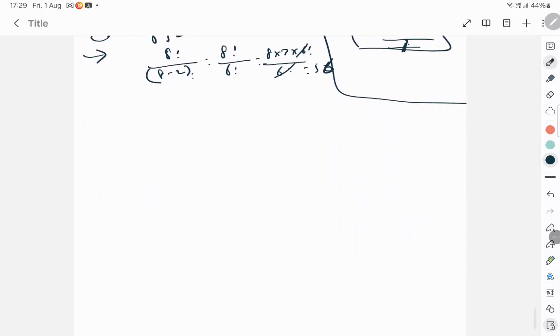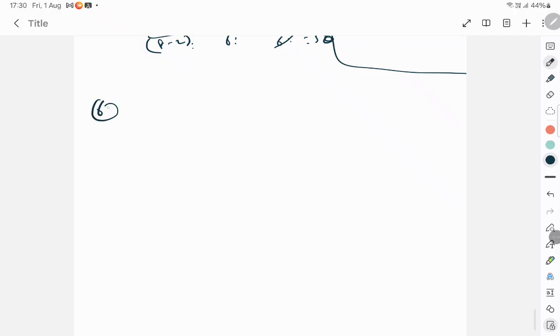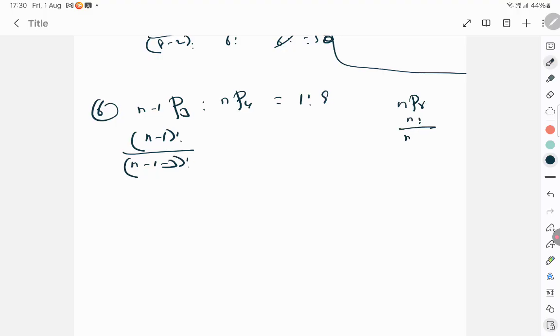So let's go to the next question, which is the sixth question. Sixth question is (n minus 1)P3 is to nP4 is 1 is to 9. (n minus 1) factorial by (n minus 1 minus 3) factorial, like the nPr formula, n factorial by (n minus r) factorial. So n factorial by (n minus 4) factorial is in the ratio 1 is to 9.